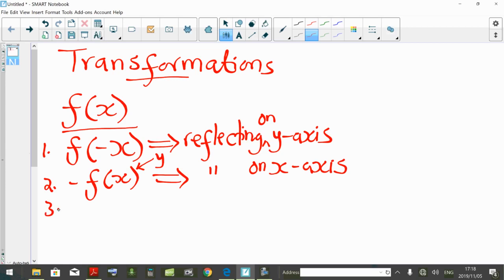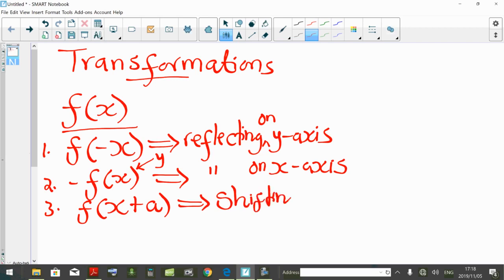Thirdly, we could have the scenario f of x plus a. Now this is equivalent to shifting. It's a translation. We're shifting our graph. Now this may sound contradictory, but if you have plus a, we are shifting to the left. Keep that in mind.